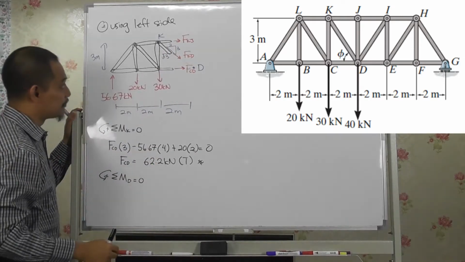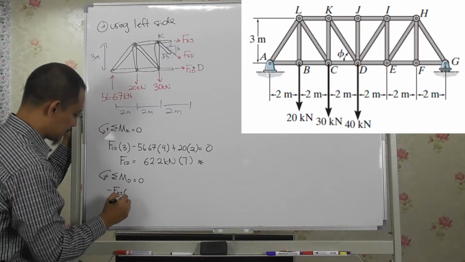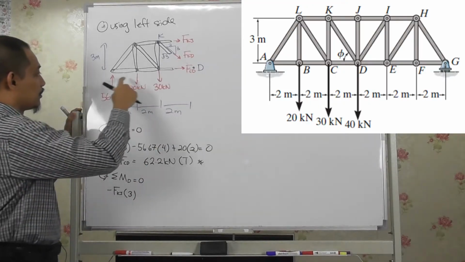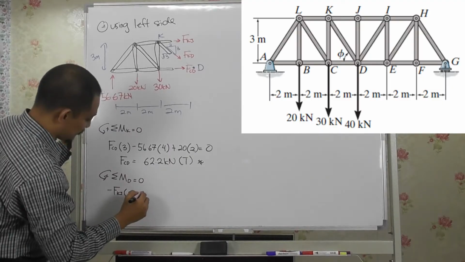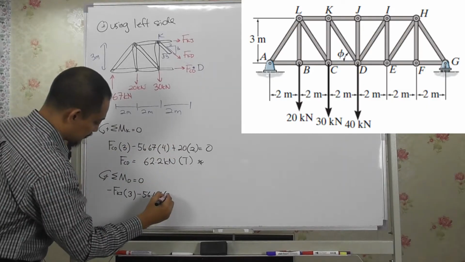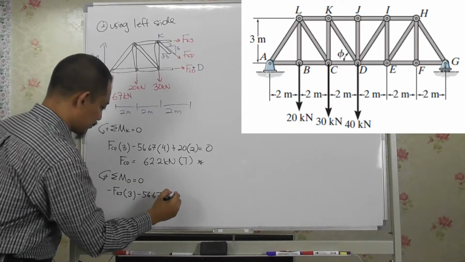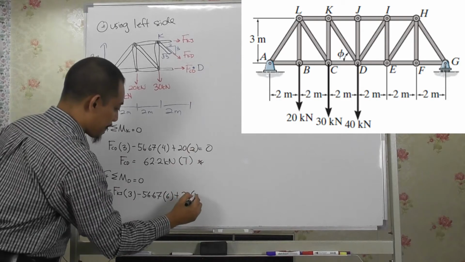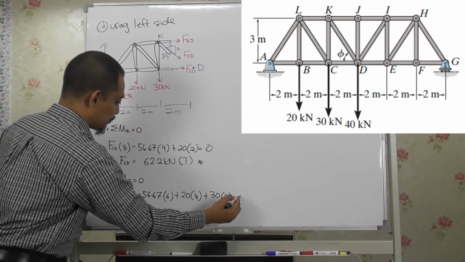So FKJ will become, so it's clockwise, so minus FKJ times the distance of the height 3, we take about this one, right? So this one is clockwise, so minus 56.67 with a distance of 4, and then this one counterclockwise will become positive, so 20 times distance of 4, and then plus 30 times distance of 2 equal to 0.